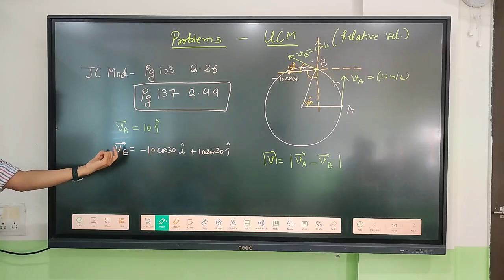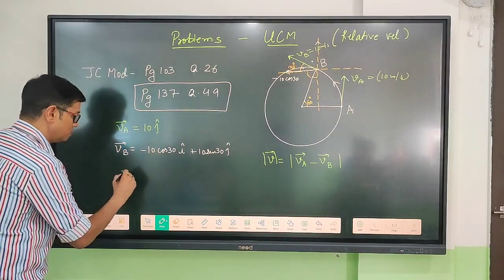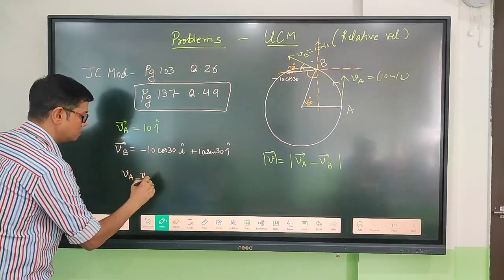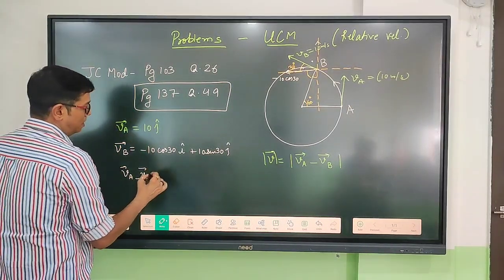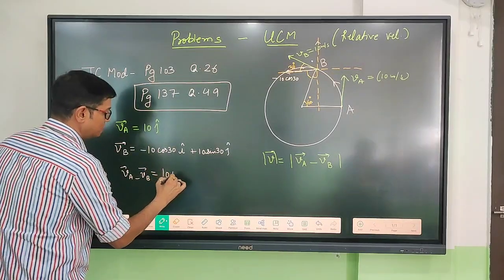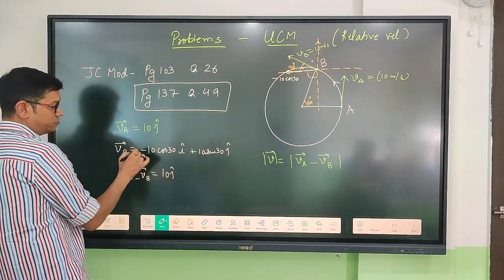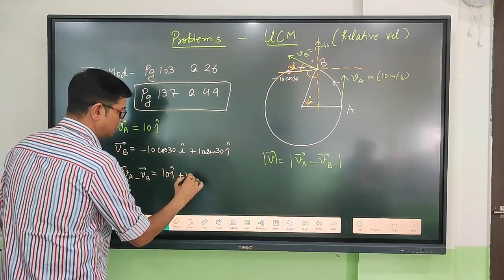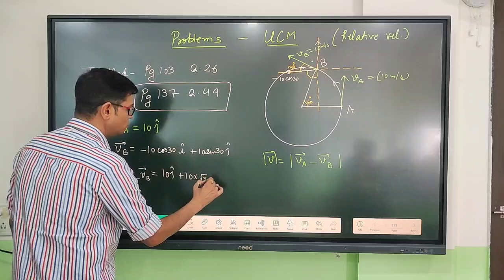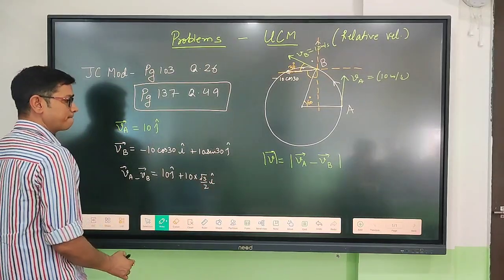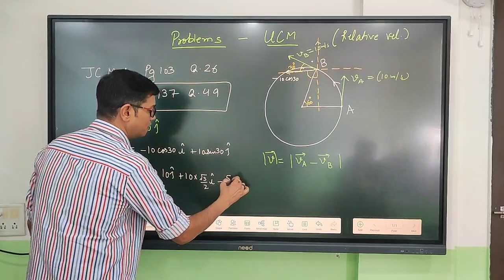So now you have a handle on VA and VB. You can easily get a handle on VA minus VB. It will be, so this is 10J. This will be, if I do minus, this will become plus 10 cos 30. Cos 30 is root 3 by 2 I cap, and then minus 5 J cap.